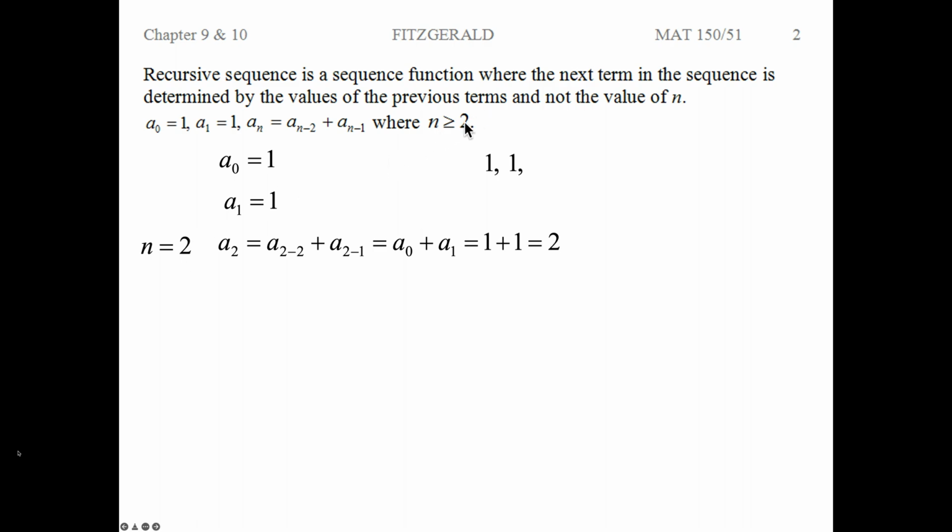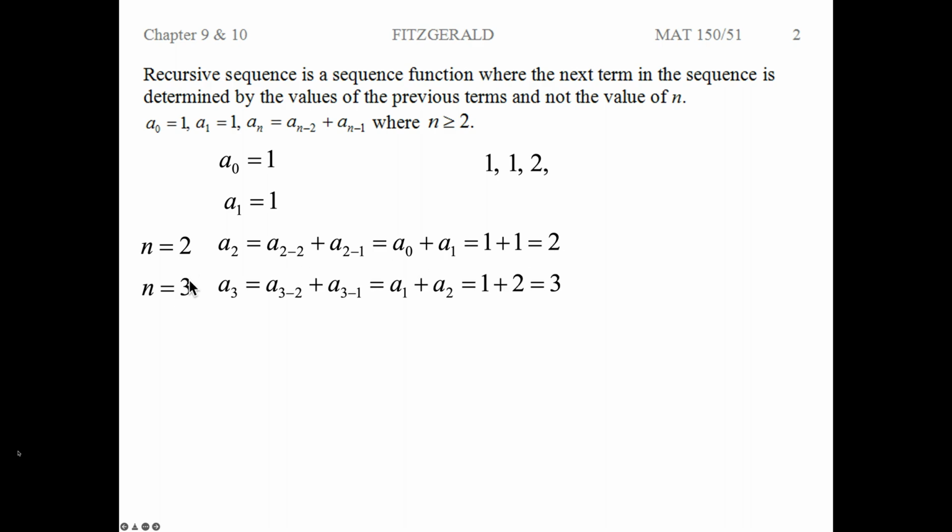So that means this 2 goes in for this n, so that's a sub 2. Then 2 minus 2 for this a, plus a sub 2 minus 1, that's this term. So a sub 0 plus a sub 1. So in essence, the next term in the sequence says you've got to go add the two previous terms together, and that's the next term in your sequence.